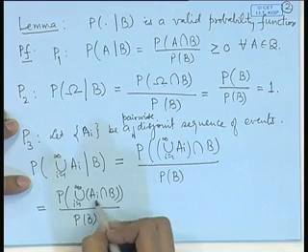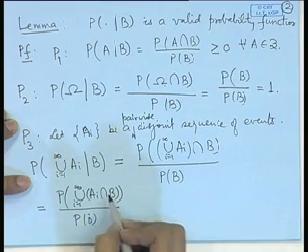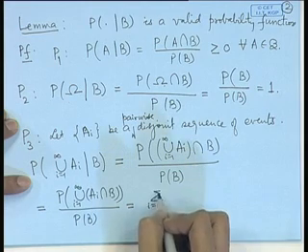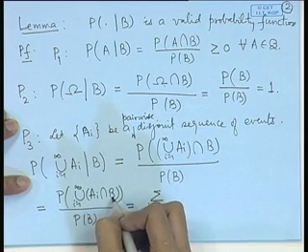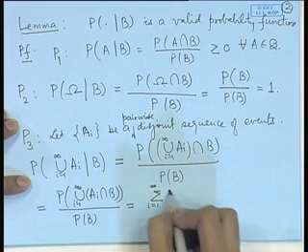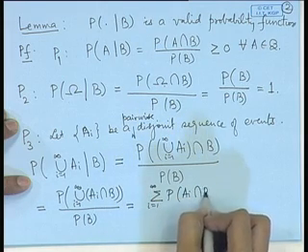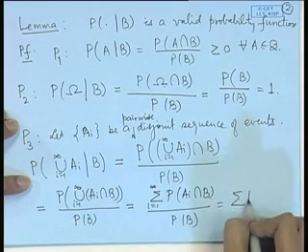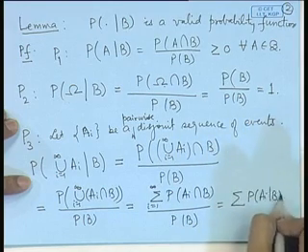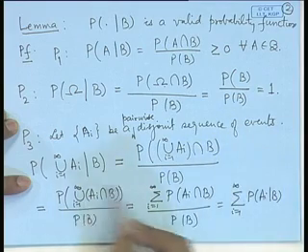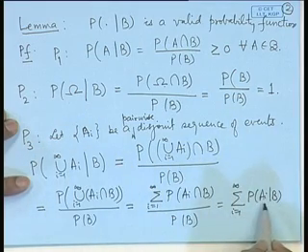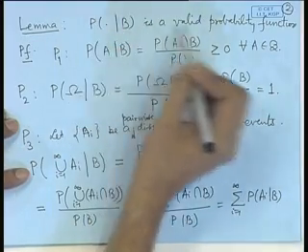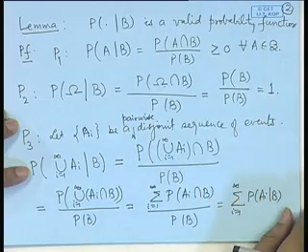If they are disjoint, then the A_i intersection B will also be pairwise disjoint, and therefore by the third axiom of probability, the probability of the union of A_i intersection B is equal to the sum from i equal to 1 to infinity of probability of A_i intersection B divided by probability of B, where each term then becomes probability of A_i given B. So, you can note here that the probability of the union is equal to the sum of the probabilities, which is the countable additivity axiom. Therefore, the conditional probability function is a well defined probability function.